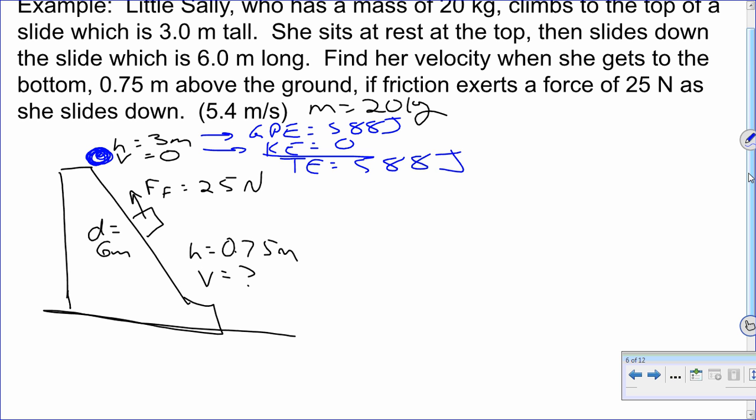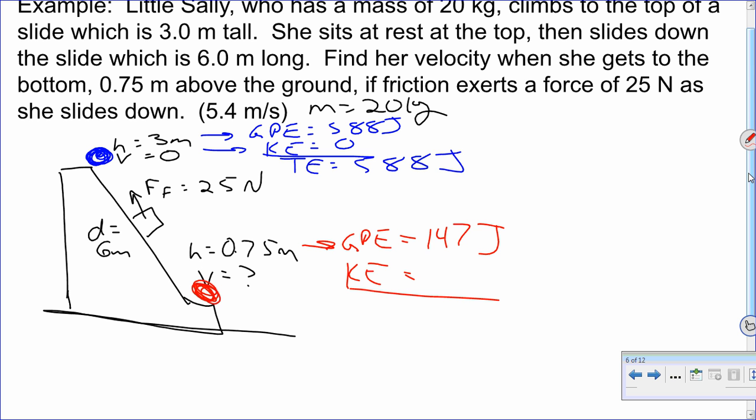Now, down at the bottom, I know the height, so I can find my GPE. It turns out to be 147 joules. But I don't know the velocity, so I can't find the kinetic energy. Cool?